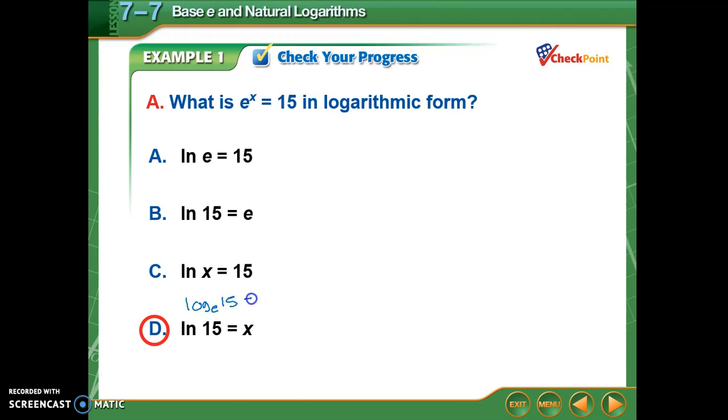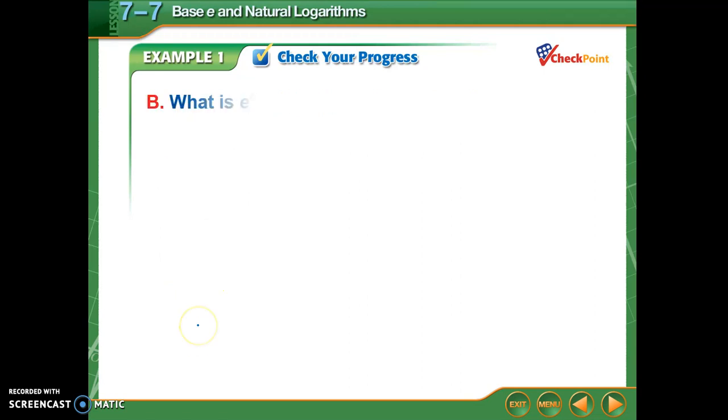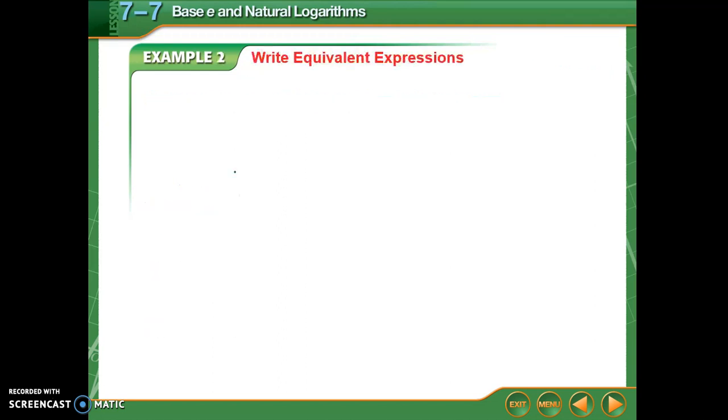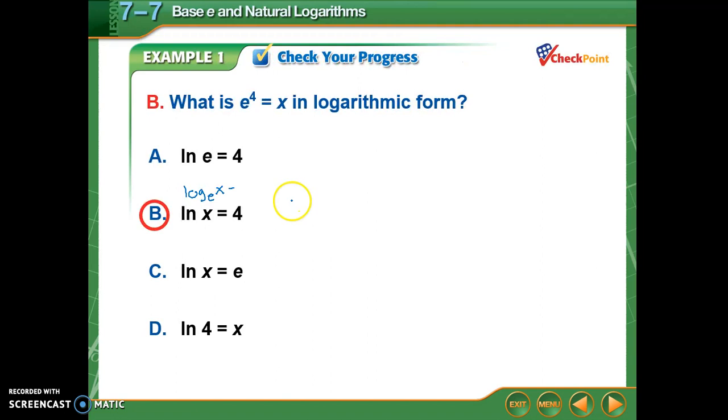Log base e of 15 equals x is how you would start, but you replace log base e with ln. All right, try this one. Okay, in this case you get ln, or the natural log of x equals 4. Remember, that's the same as log base e of x equals 4, but you have to write log base e as ln.